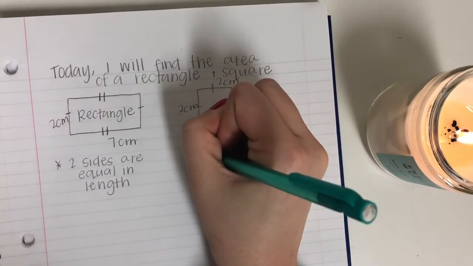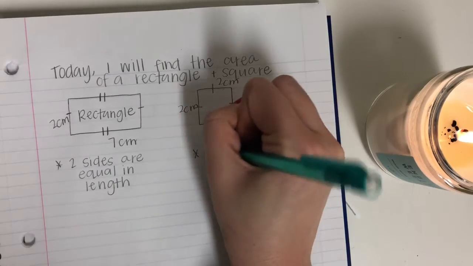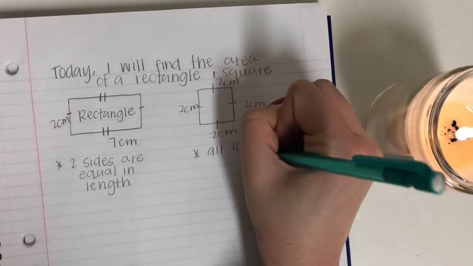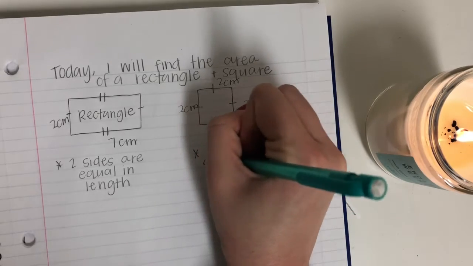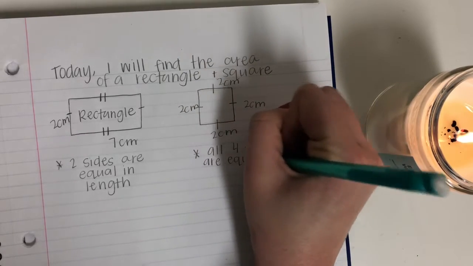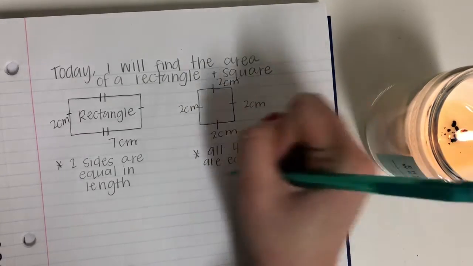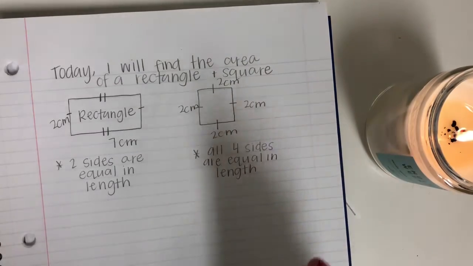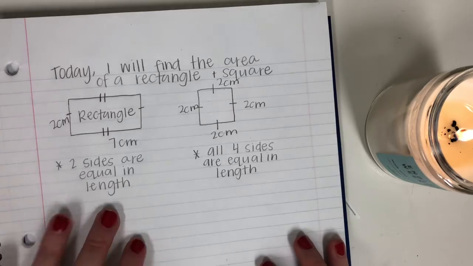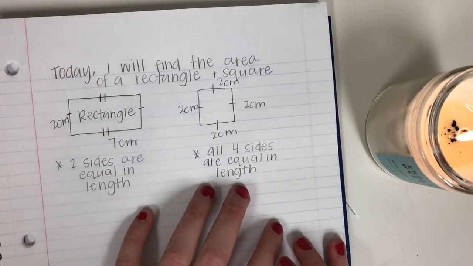So with a square, all 4 sides are equal in length.